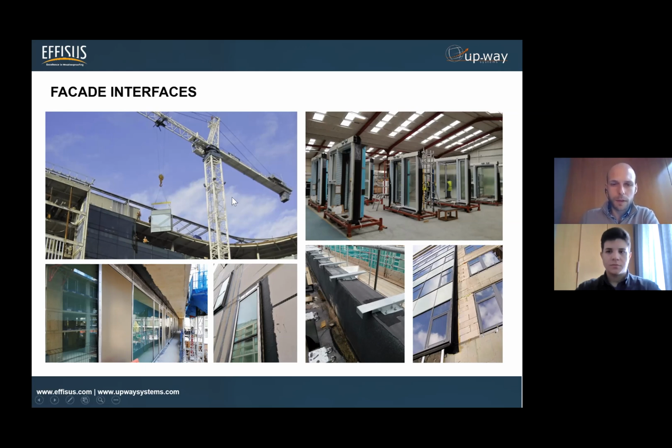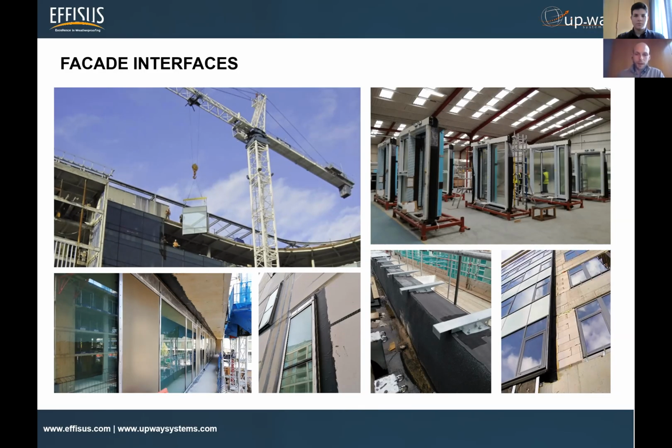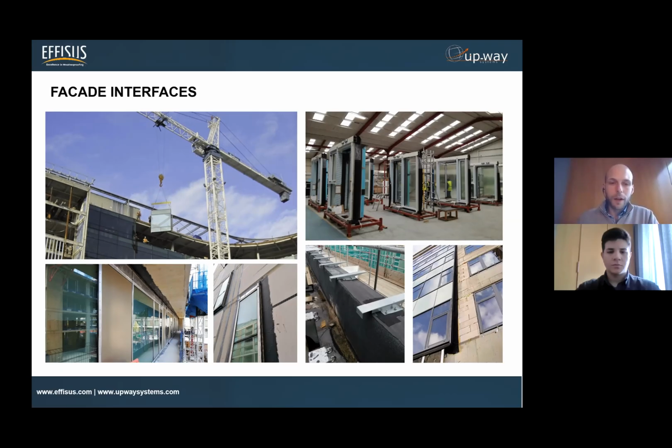When we talk about interfaces, we talk about the point where one specific element, one specific material finishes and another starts. So it's a connection between different materials that have different properties, different behaviors, different ways of accommodating movement, that behave differently when exposed to high temperatures, for instance, or low temperatures, and even with the aging of the material, it will retract in a different way.